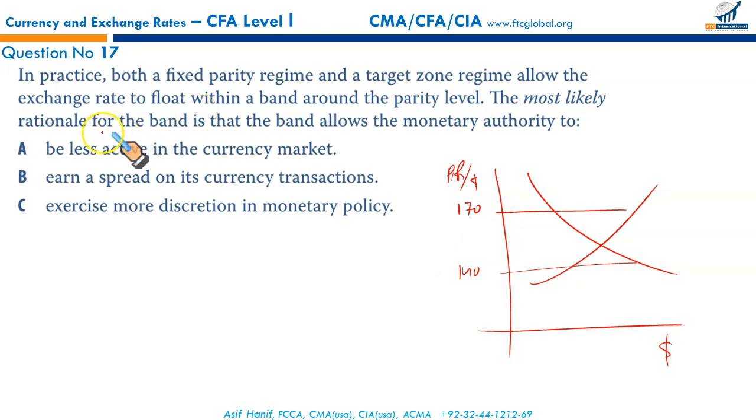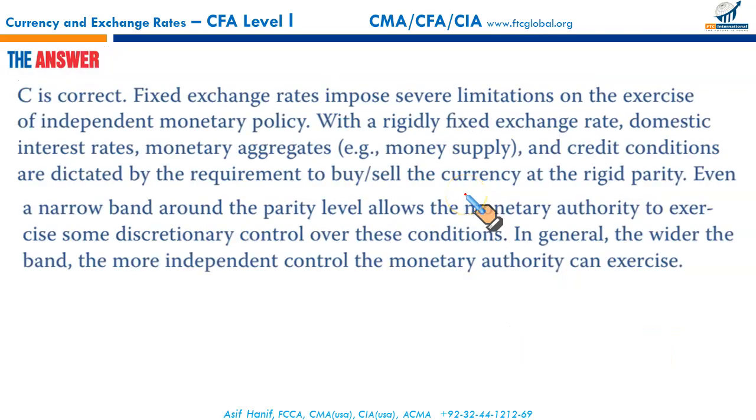The most likely rationale for the band is that the band allows the monetary authority to exercise more discretion in monetary policy. Right? This band will give you more discretion. That makes C the correct option.